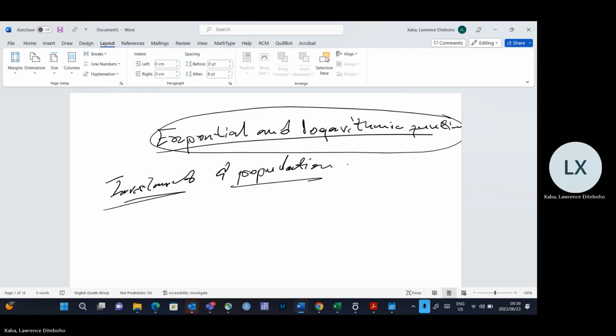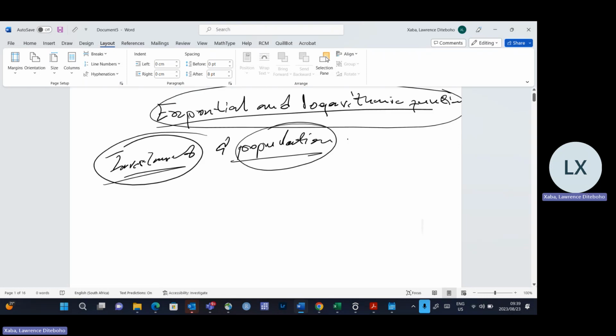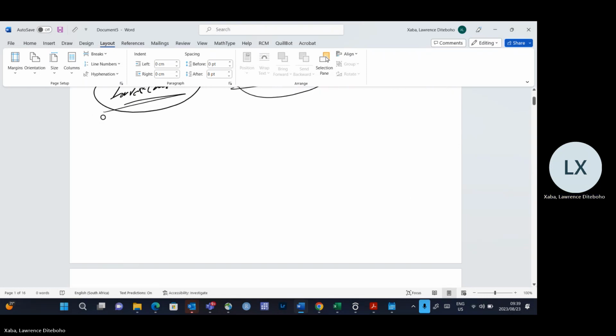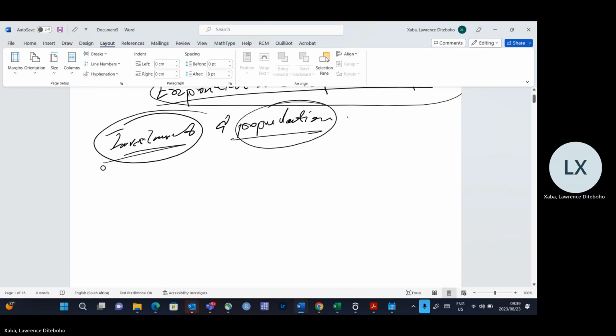So under this logarithm and exponential, where our interest is to study the growth, can be investment or population, we have three main types of growth.